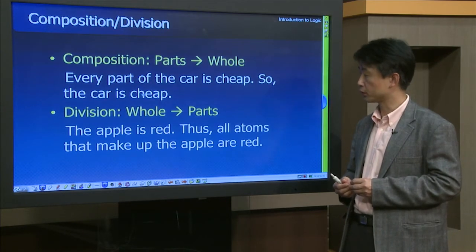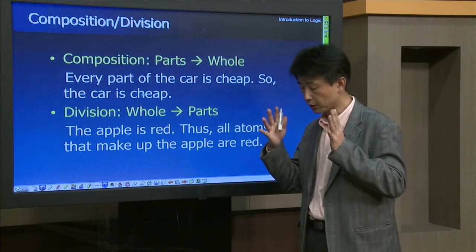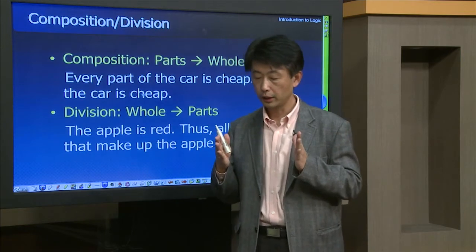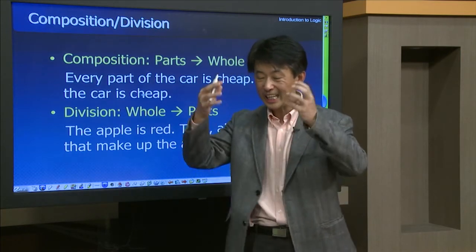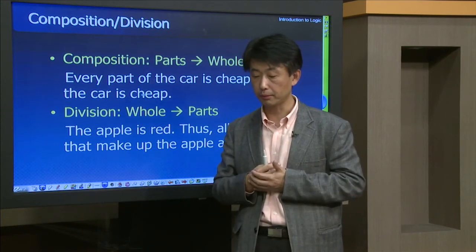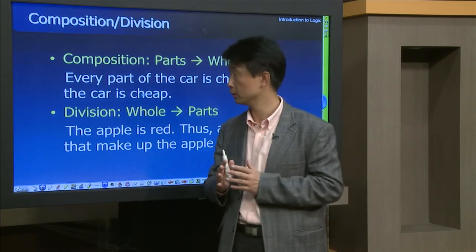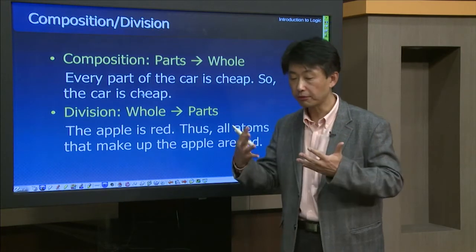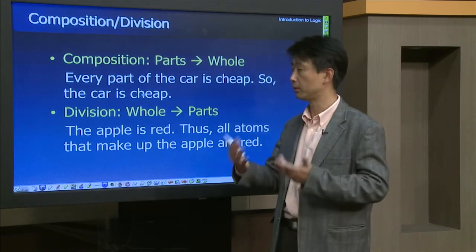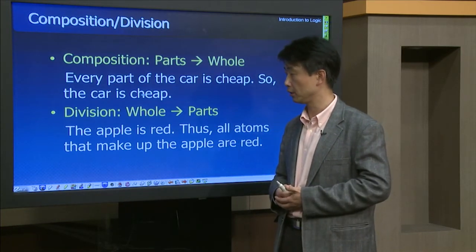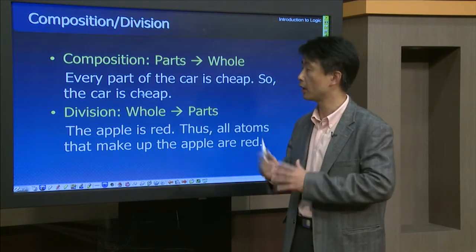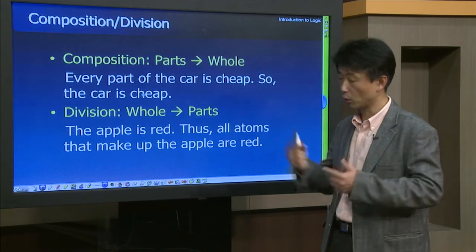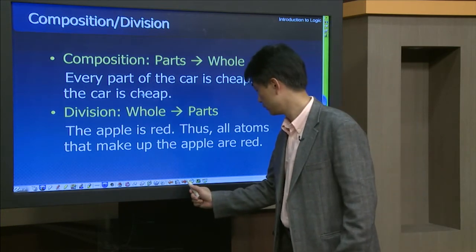So just because the whole has a certain property, it doesn't follow that the parts that make up the whole must inherit the same property. When someone infers a reason like that, the person is making the fallacy of division. So composition and division are a pair going the opposite direction.